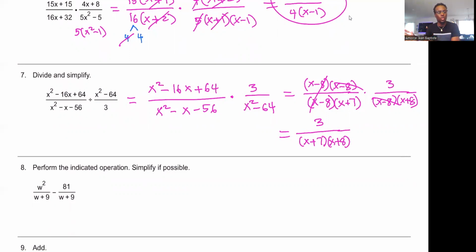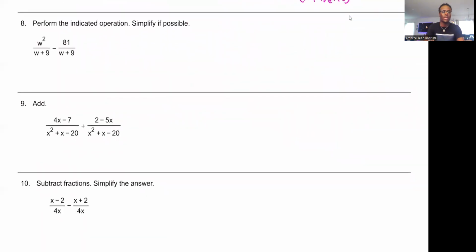Now we're going to do number 8, which is adding or subtracting. So two things to take into consideration when you're adding or subtracting rational expressions. Check to see if your denominators are like. If they are like, it's easy. We just save it once, and then write it as one fraction.